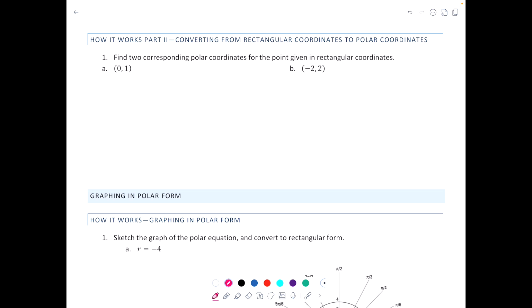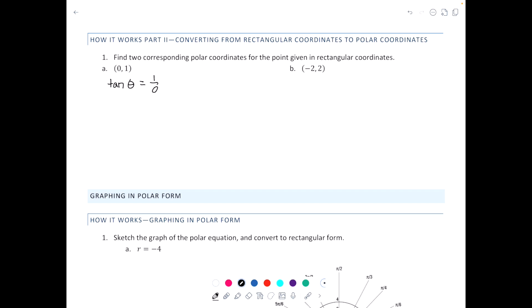Okay, so now let's take a look at finding 2 corresponding polar coordinates for the point given in rectangular coordinates. So first we have to switch from rectangular to polar, and then we have to find an extra polar point. So, well, tangent theta is equal to 1 over 0. Because remember y over x, so we're looking at an angle where the slope is undefined, right?